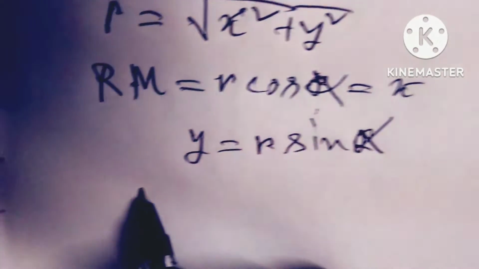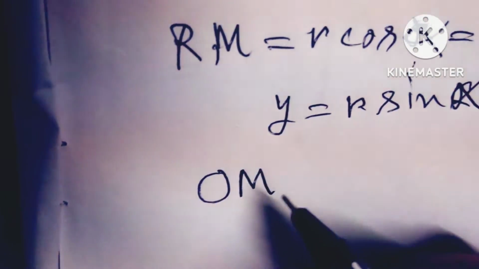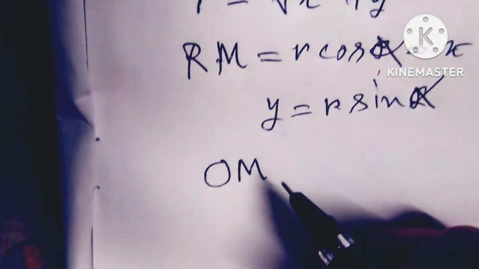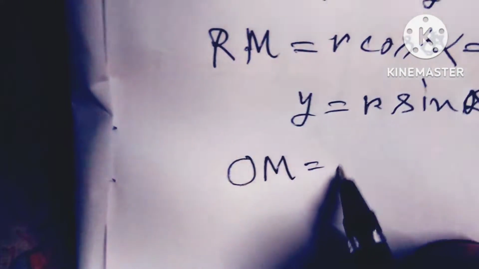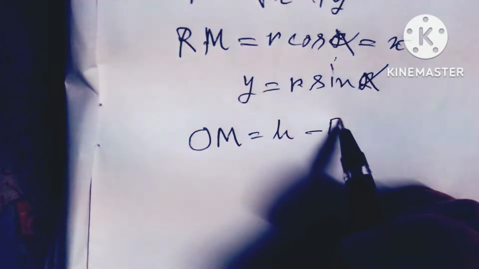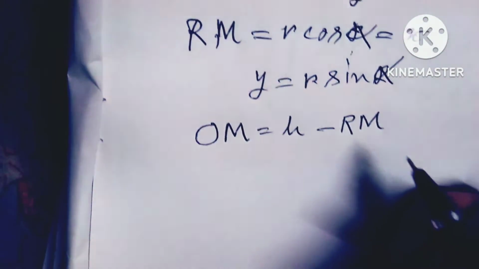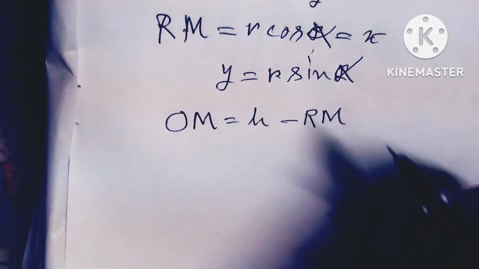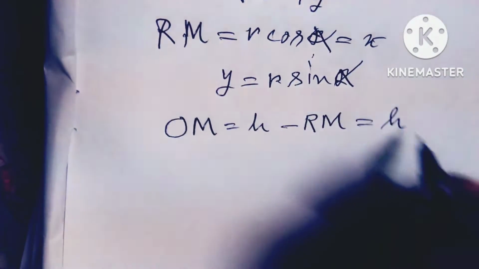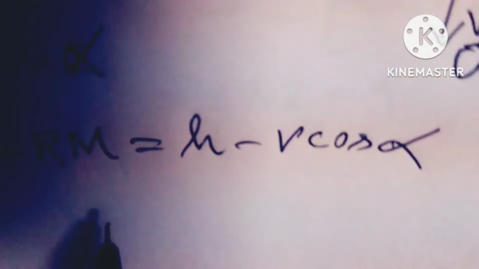So OM equals h minus RM, which equals h minus R cos alpha.